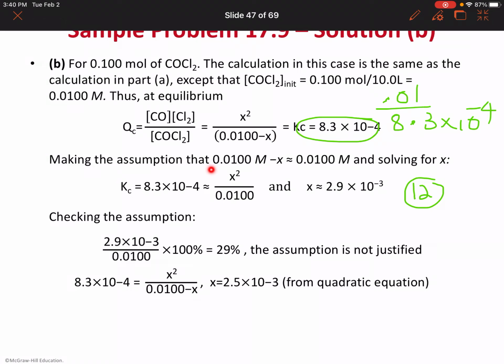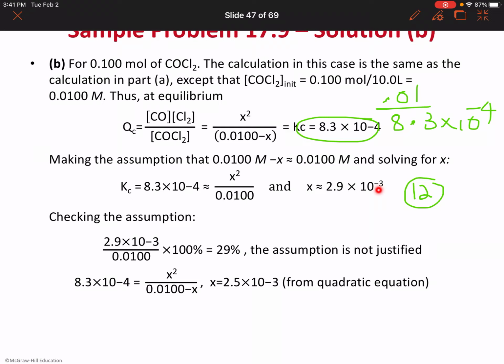Now let's say we assume, even though we know that we cannot assume, let's go ahead and assume that 0.01 minus x is the same as 0.01, and then we try to solve for x. 8.3 into 10 to the negative 4 equals x squared over 0.01. When you solve for this, you're going to get x as 2.9 into 10 to the negative 3.